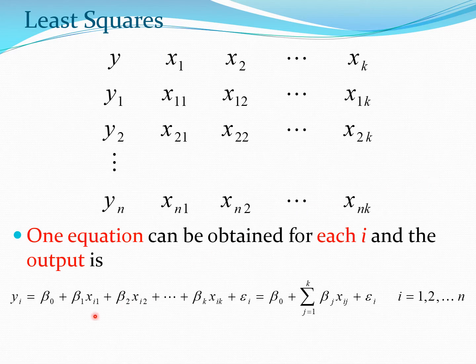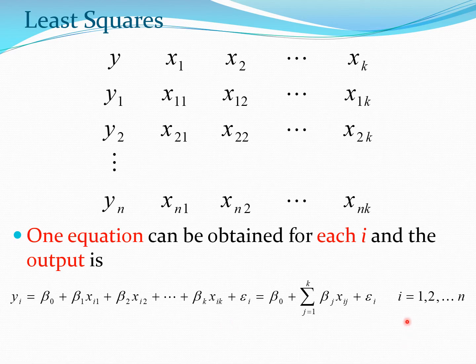Now we go back to the equation we had, and what we now have is that for each of these particular simulations which we have run, y1, y2 to yn, we get one equation for each of these values of i, and therefore we have all these equations here. So let us say we put some value of i here, then yi would be beta 0 plus beta 1 xi1 plus beta 2 xi2 all the way to beta k xik.